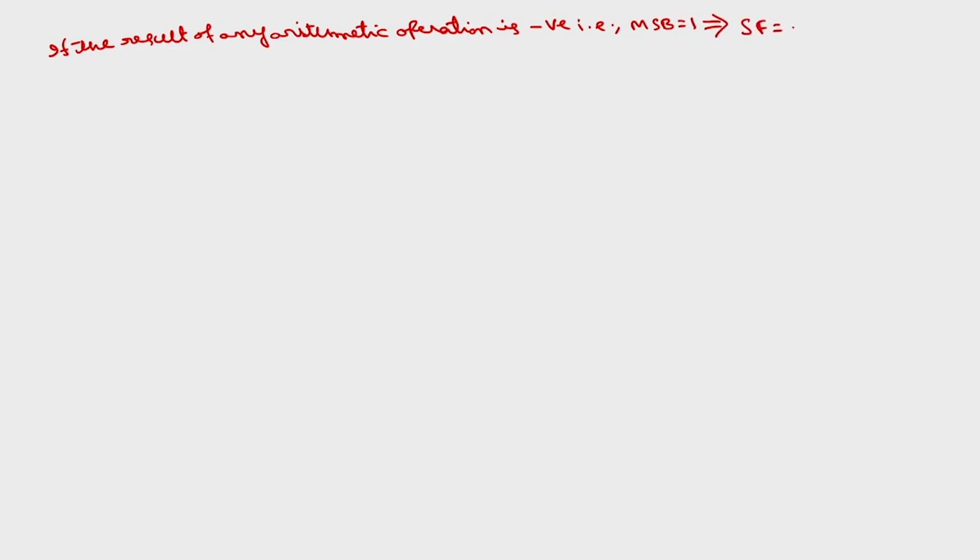So, the condition for the sign flag to be set is, if the result of any arithmetic operation is negative, that is MSB is 1, whether the number is an 8 bit number or a 16 bit number, the sign flag is set, otherwise the sign flag is reset.